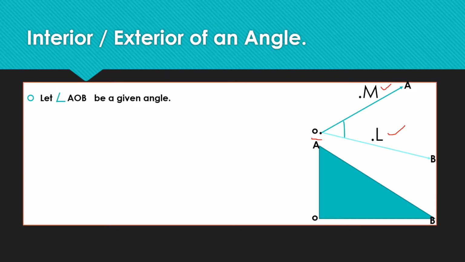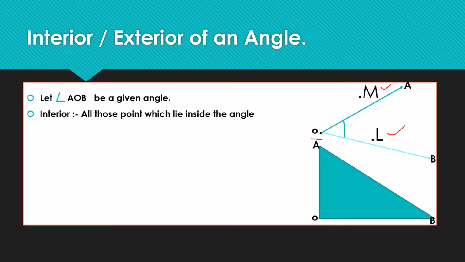So let's understand. Let AOB be a given angle. Now we see there are various points. We say L is in the interior of the angle. It is clearly visible in the figure.